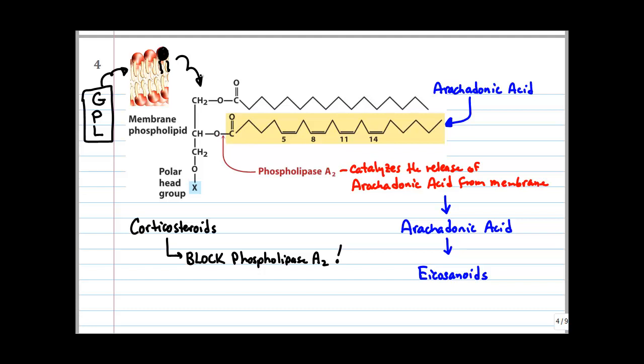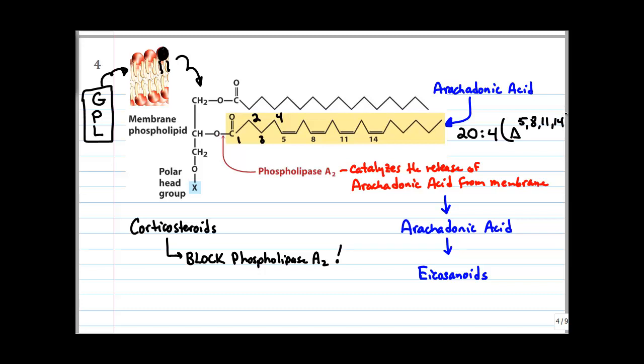It is one of the known biologically relevant fatty acids, and if we write the code, it has 20 carbons, it has 4 double bonds, and it's going to be delta 5, 8, 11, 14.